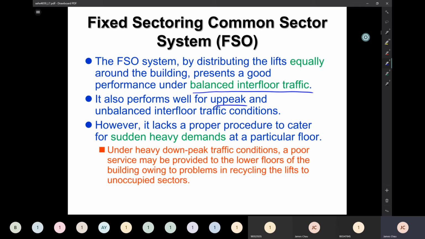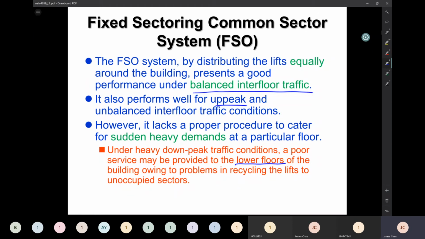Now, however, we found that if we have a sudden heavy demand, the system may fail, because for the heavy down-peak traffic condition, poor service is provided to the lower floors of the building because the leaf are recycled to serve each setter. Okay, you may have the experience that if you are on a lower floor in a building during the peak season, it is not easy to get into the lift to come down to the main terminal.